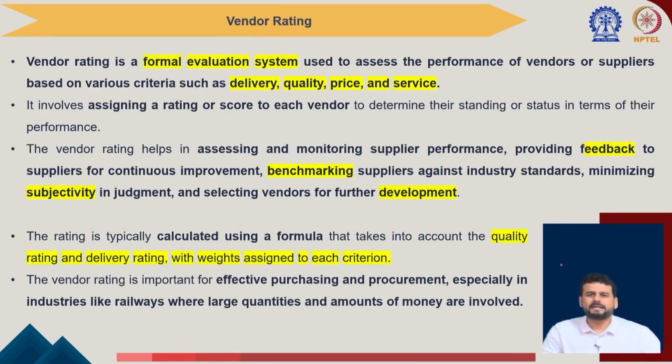So vendor rating is a formal evaluation system of all the vendors or suppliers who are providing you different components, right. Talking about formal evaluation, now this is fixed, that we have fixed our external partners, we have picked our external partners. Now we are talking about the routine repetitive purchasing decisions, right.